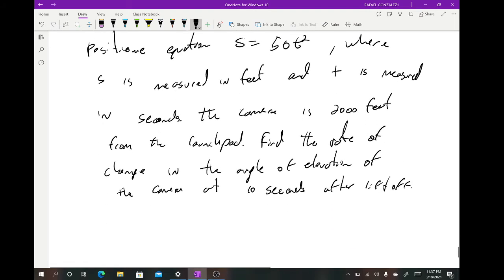Okay, so right now we only have one actual number to work with, which is 10 seconds after liftoff. So that is corresponding to time.